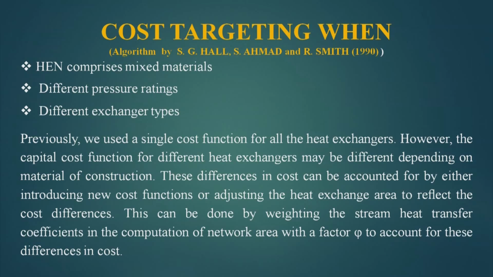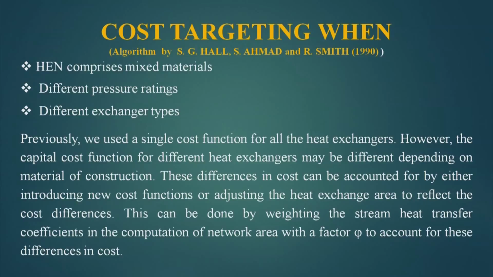Previously, we used a single cost function for all the heat exchangers, and that cost function was A plus B, area of the heat exchanger to the power C. However, the capital cost function for different heat exchangers may be different depending on the material of construction.